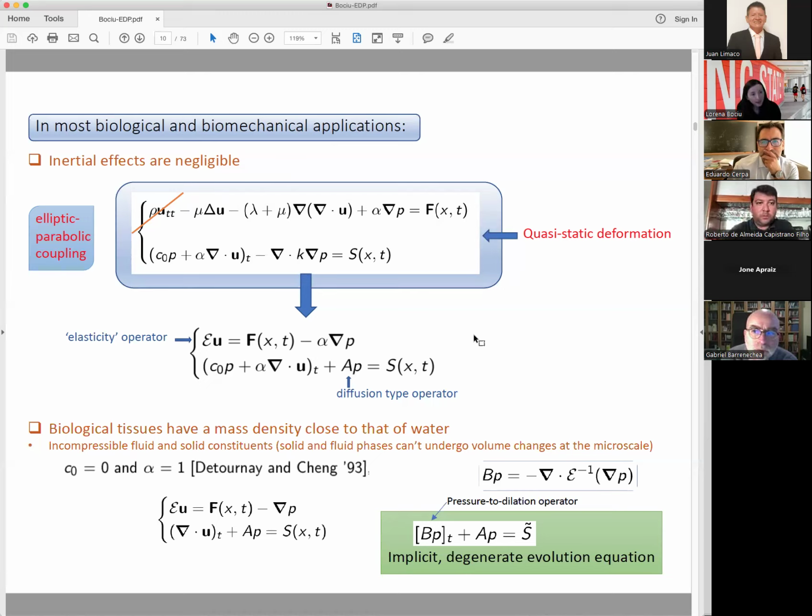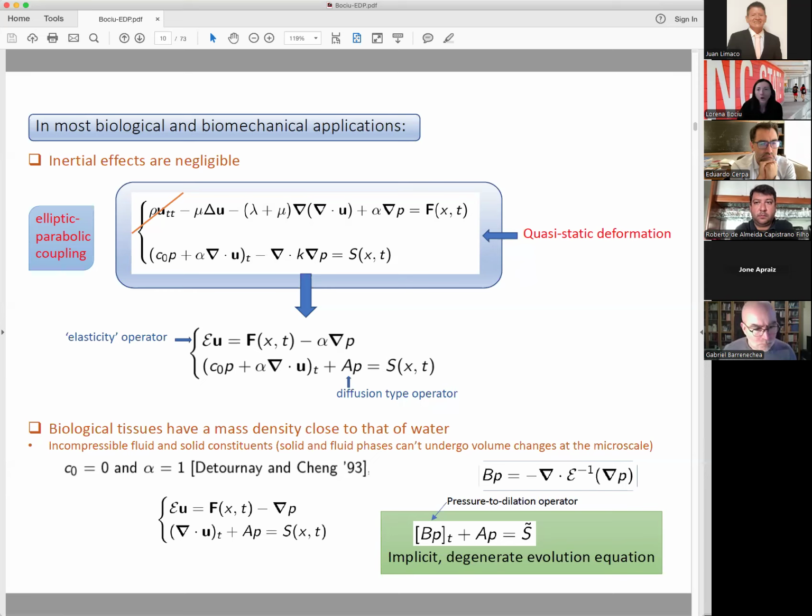And mathematically, that translates into the following things. So this constraint storage coefficient C naught disappears, it's 0, right? And alpha, the Biot-Willis constant, the coupling constant, equals 1. The details can be found in the paper by Detournay and Cheng. So that means that the fluid content simplifies to just being the solid dilation, so the divergence of U, which I then replaced here in the last equation.